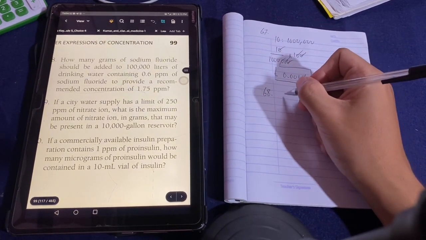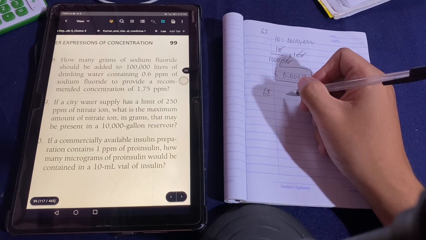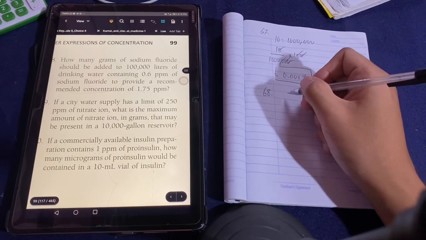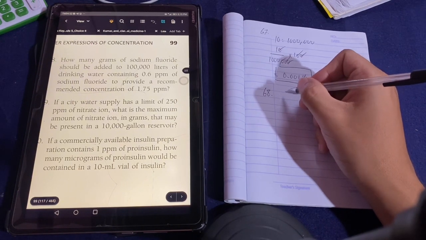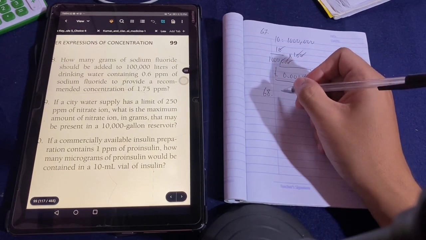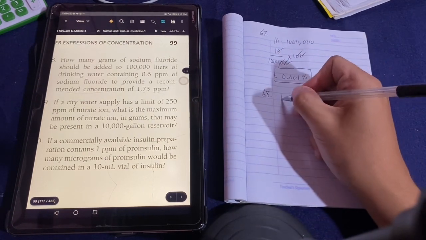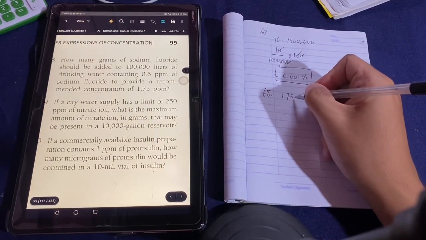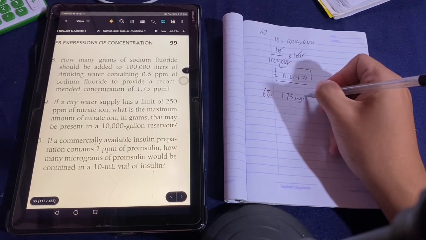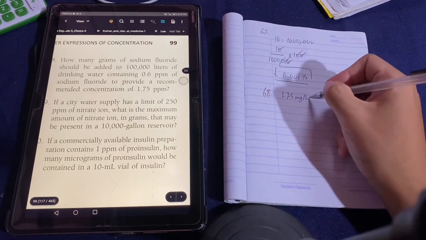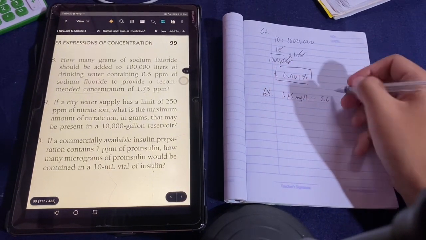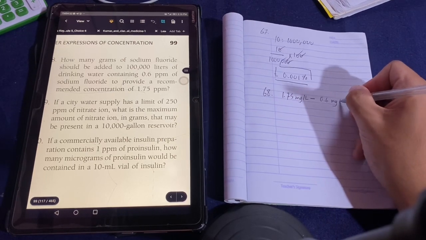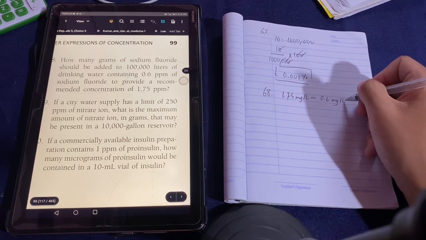So what we will do first is convert the parts per million into another unit. Parts per million is also equivalent to milligrams per liter. So let's take 1.75 milligrams per liter. Then we subtract 0.6 ppm, but let's make it milligrams per liter, which is an equivalent unit for it.